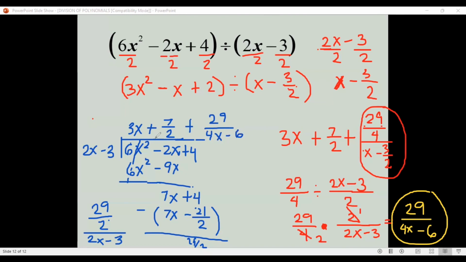So we can compare that we are getting the same answer whether we are using the synthetic division or the long division method. That's how you divide, making use of your synthetic division.